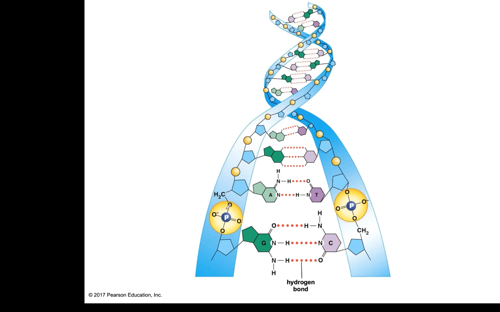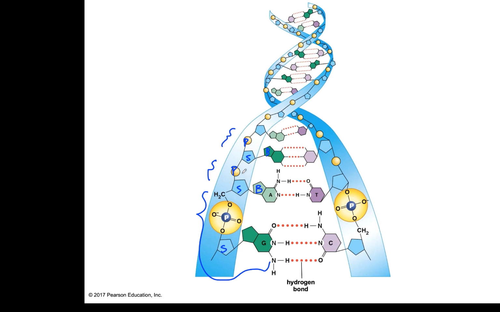Nucleotide. Look at sugar, phosphate, base. Sugar, phosphate, base. Sugar, phosphate, base. So this is one nucleotide, the second nucleotide, third nucleotide.